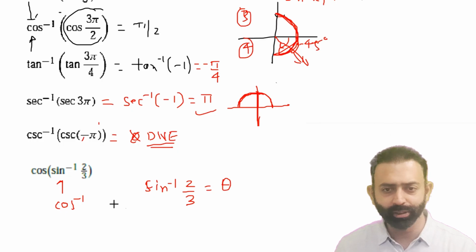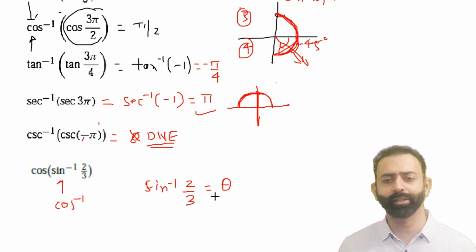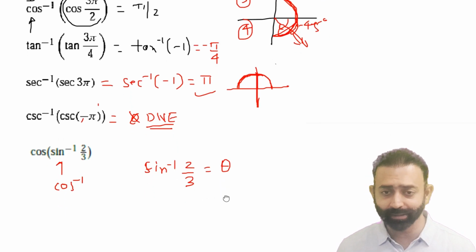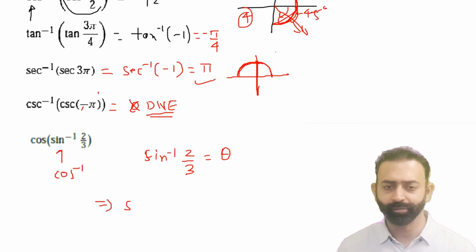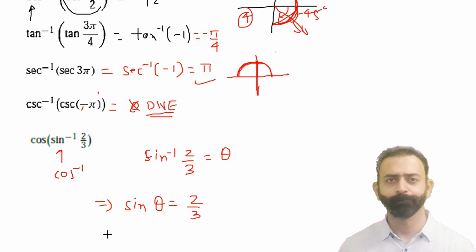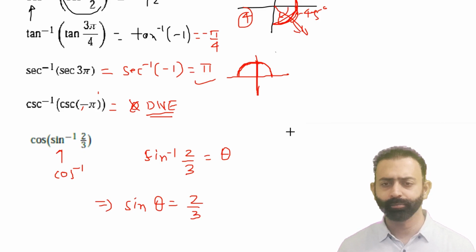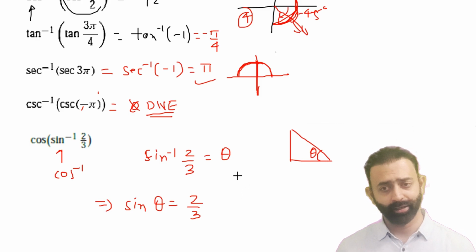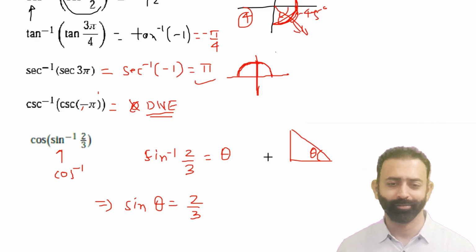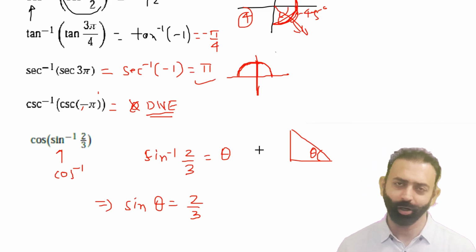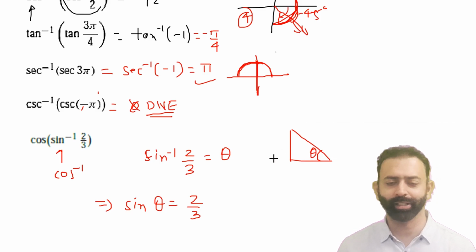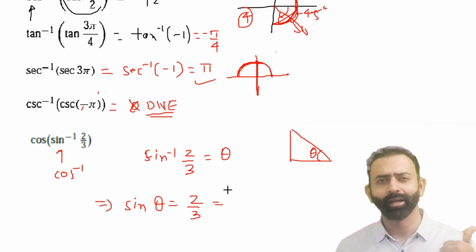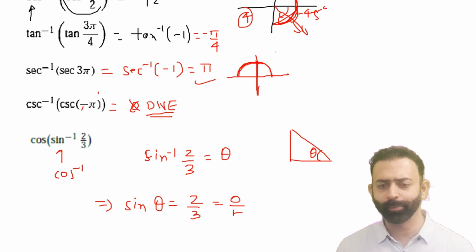So how do we do this? You mention this sine inverse 2 by 3 as some angle theta because it represents an angle. From this we can say that sine theta is 2 by 3, so there is a right angle triangle in which there is an angle theta, the sine of which is 2 by 3, right? And using this triangle we can find the value of cos theta. Sine theta is 2 by 3, and from the basic definition of sine, it is opposite over hypotenuse.